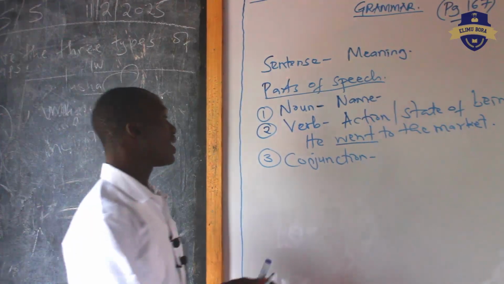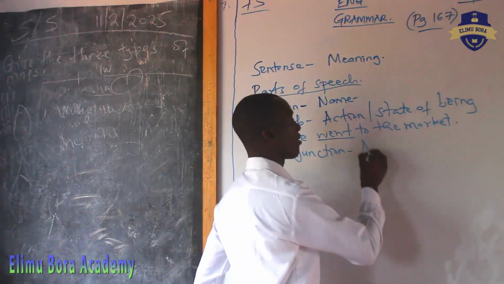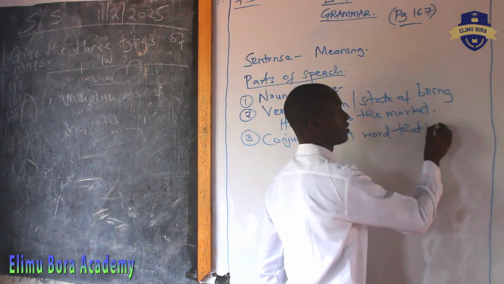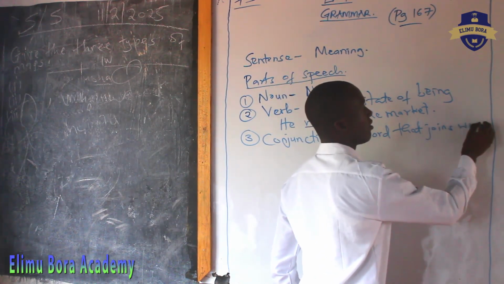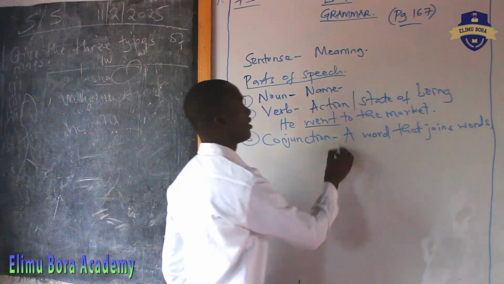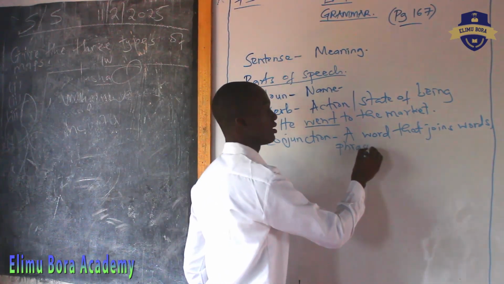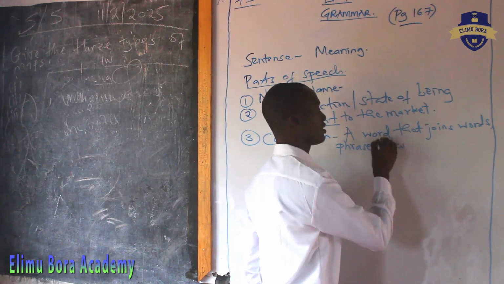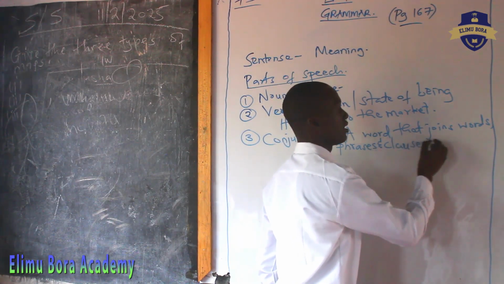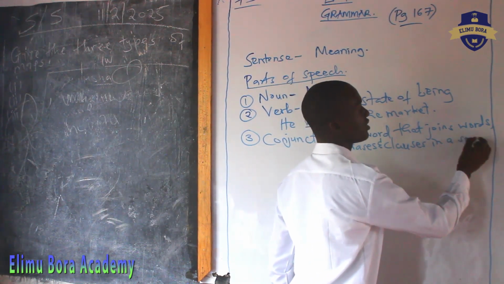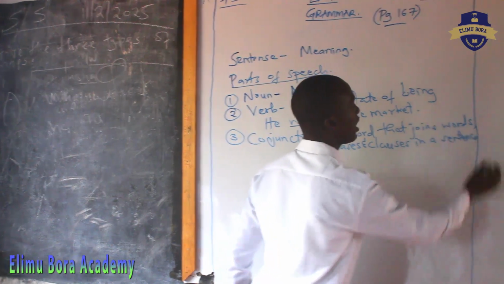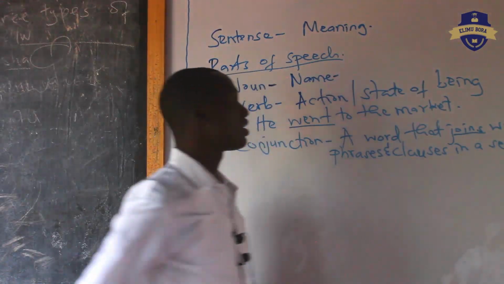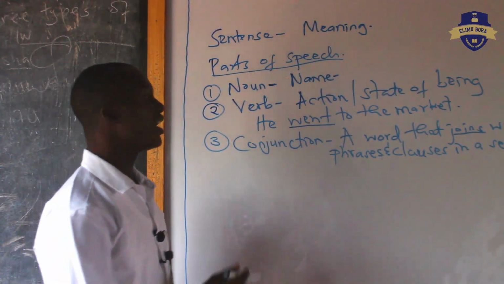A conjunction is a word that joins words, phrases and clauses in a sentence.